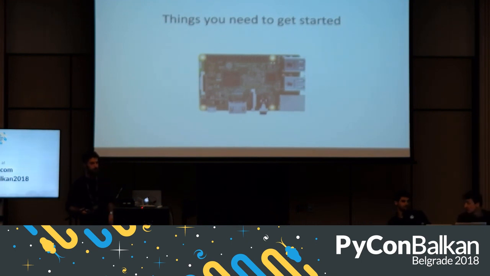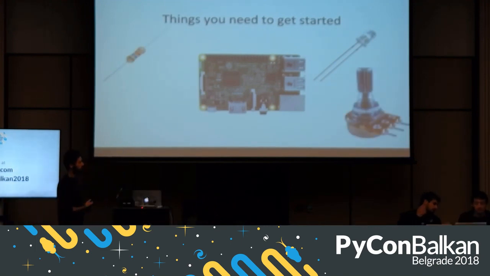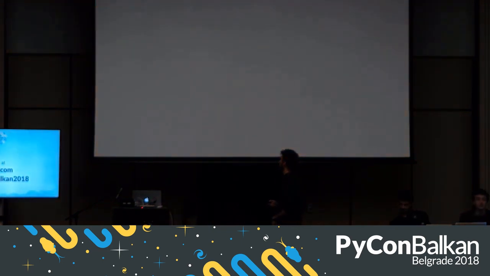So if you don't know anything about hardware and electronics, this is an LED, and we're going to be using it. This is a resistor, a potentiometer, and here we have an ADC. This is a module, analog to digital converter, because Raspberry Pi only has digital pins, and we lost connection.